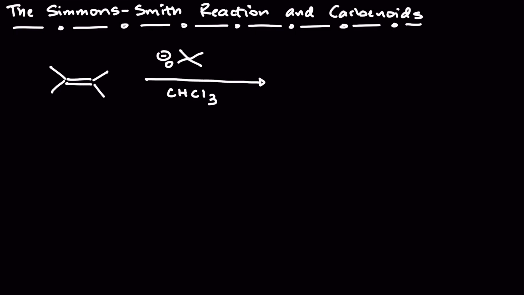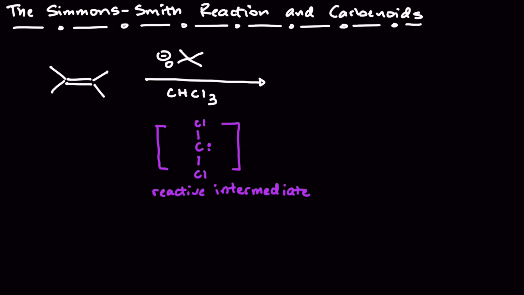You treat that alkene with tert-butoxide and chloroform. Please remember that the tert-butoxide is going to deprotonate the chloroform, and then your chlorine on that particular carbanion is going to leave to form a carbene. The reactive intermediate is what I have drawn here, which is your dichlorocarbene. That's the one that's going to insert across the pi bond to form your cyclopropane ring. And so here's the final product of this reaction.